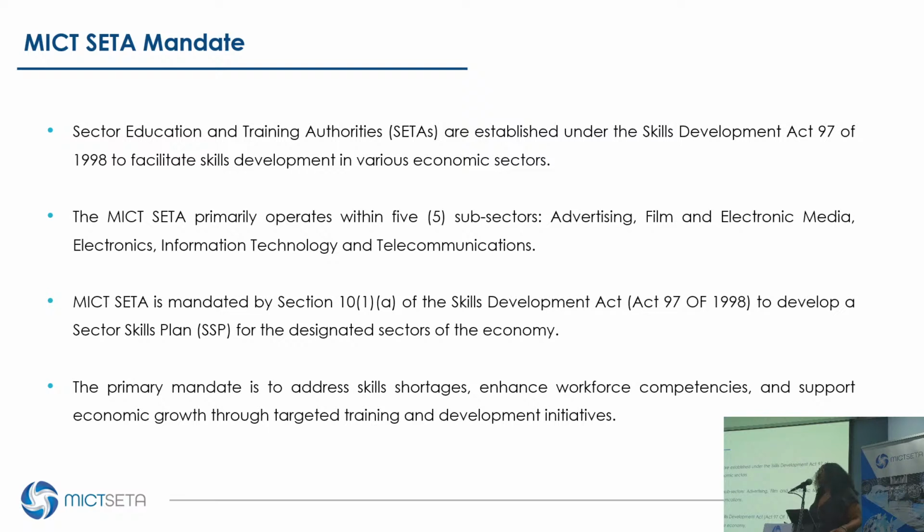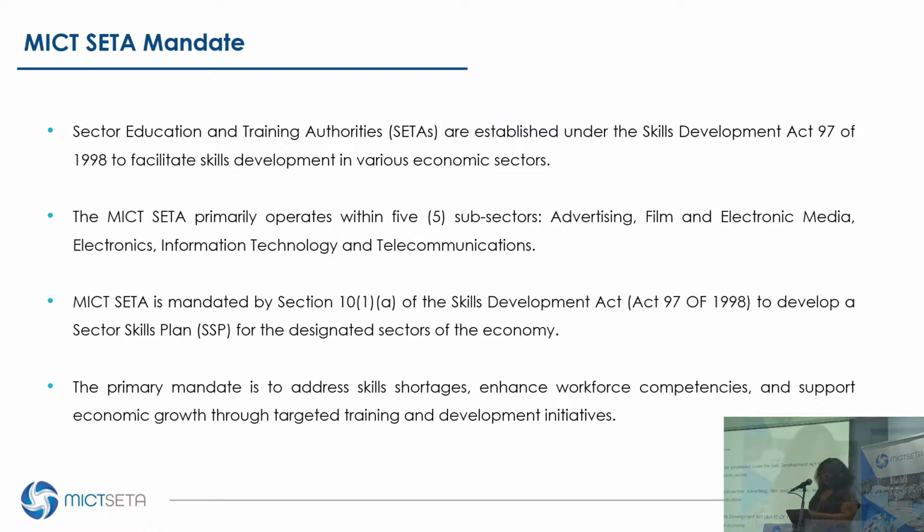Those are the 5 subsectors that we have, which are linked to the different SIC codes. So if you are submitting a WSP ATR on behalf of your company, you would have to choose the correct SIC codes that identify the work your company does in line with the Standard Industrial Classification code. That's how you belong to MICT CETA, by choosing a SIC code that is within those 5 subsectors.